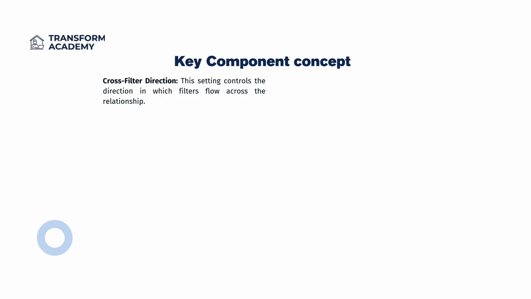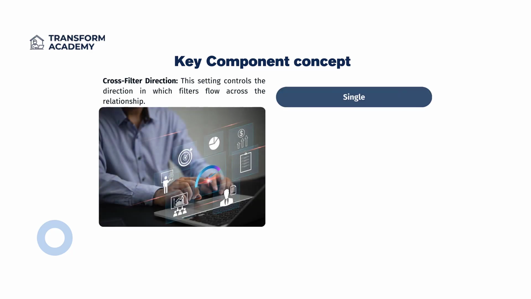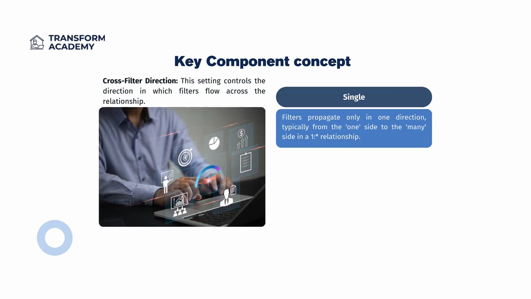Cross-filter direction. This setting controls the direction in which filters flow across the relationship. Single. Filters propagate only in one direction, typically from the one side to the many side in a one-to-many relationship. This is the default and usually recommended setting.